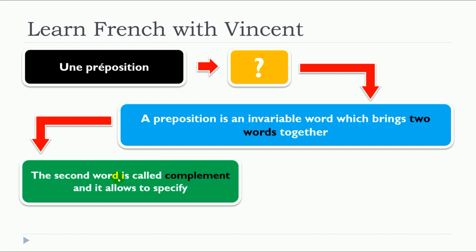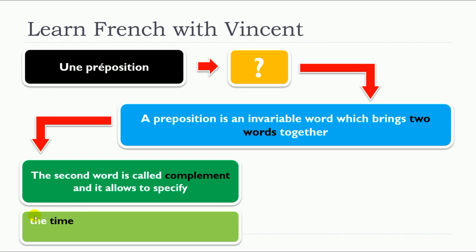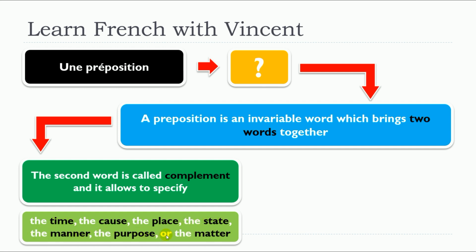The second word is called complement, and it allows to specify the time, the cause, the place, the state, the manner, the purpose, or the matter.